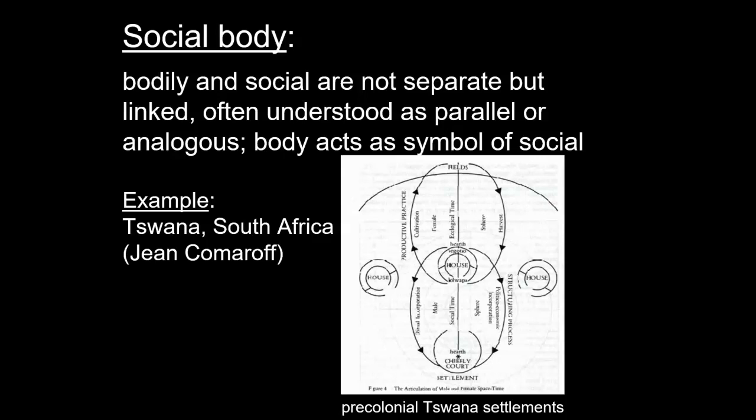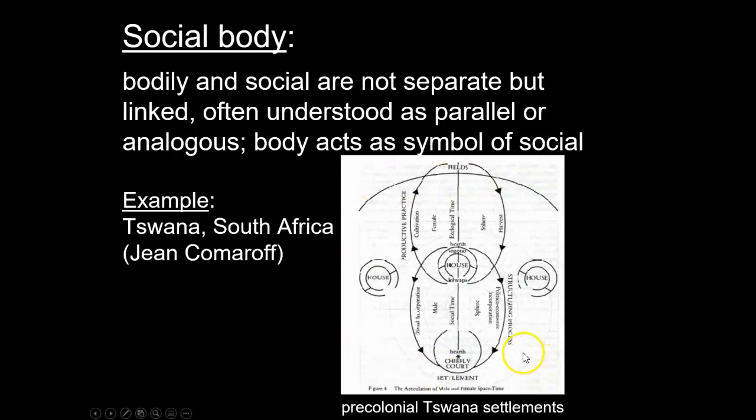So one of the things she found that goes directly to this question of how the bodily and the social are linked, and in a lot of ways are understood as parallel, is what she learned about pre-colonial Tswana settlements, right? In other words, the way that people organized their houses and their neighborhoods, right? How they used space. And she was able to produce this sort of diagram, right?